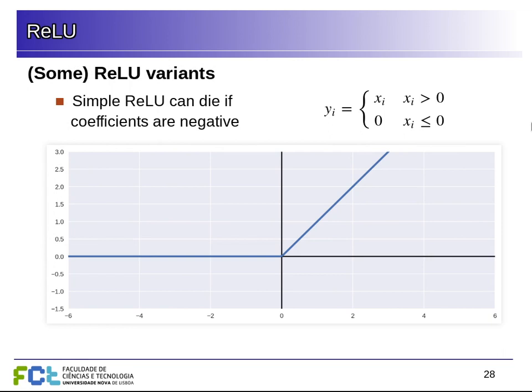So the problem occurs if the weights of the neuron make it be in this region for all the examples in the training set. So if this happens, the gradient will always be zero for that neuron and the weights will never change, so it will be stuck there forever until we finish training. And this is a dead neuron that will not be useful.